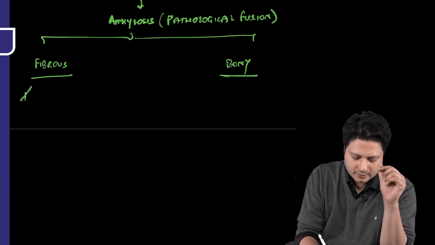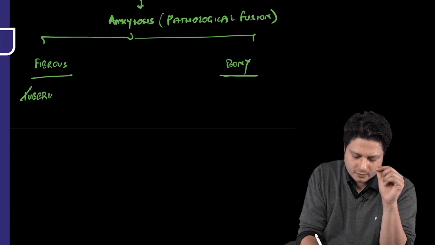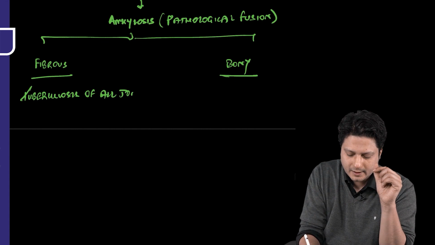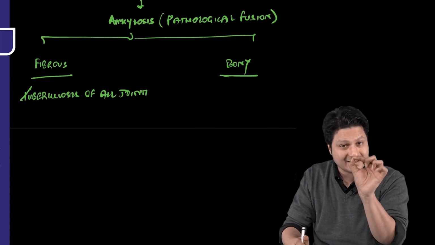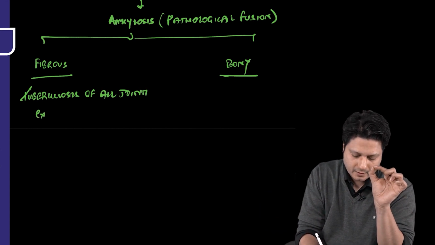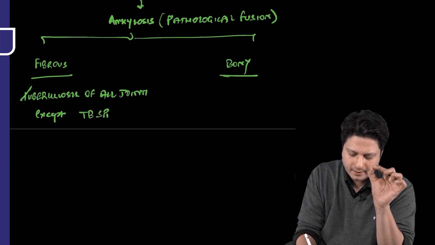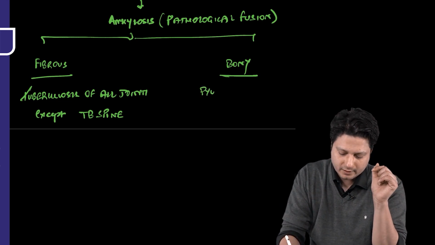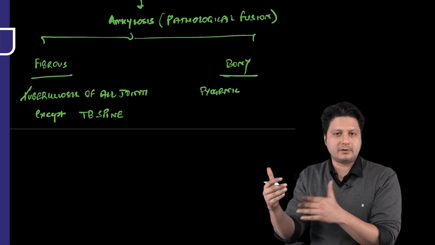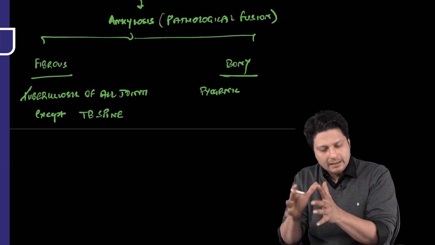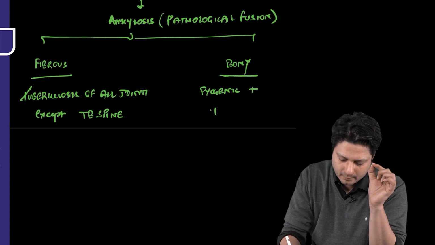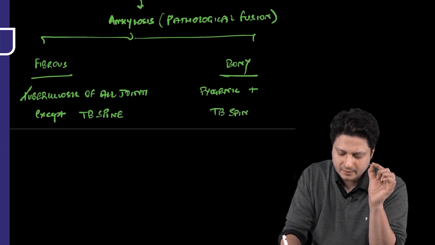All tubercular infections, so tuberculosis of all joints, ultimately progress to fibrous ankylosis, but there is one exception, TB spine. On the other hand, all pyogenic infections of the joint, that means all abscess forming infections of the joint, heal by bony ankylosis, along with TB spine, because TB spine is an exception.